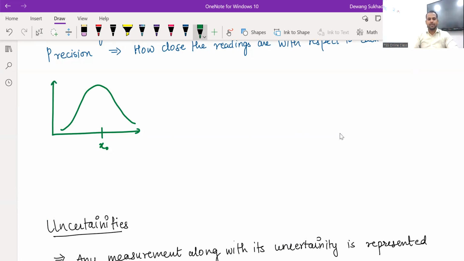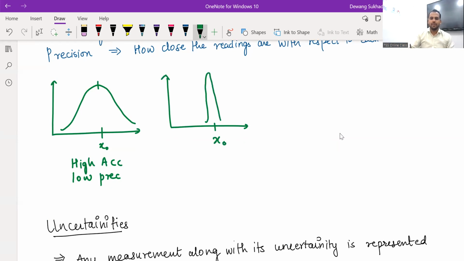This scenario is highly accurate because the mean, or the peak, of this data is very close to the actual value. So this is high accuracy, but since the graph is spread out too much, it is low precision. Similarly, if I have a true value again, but my data is not much spread out and sits exactly above it, this is the situation of high accuracy and high precision.